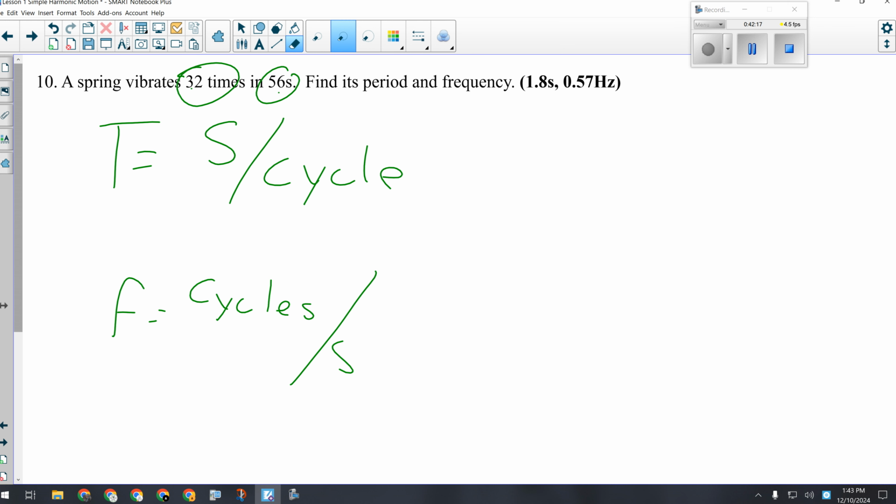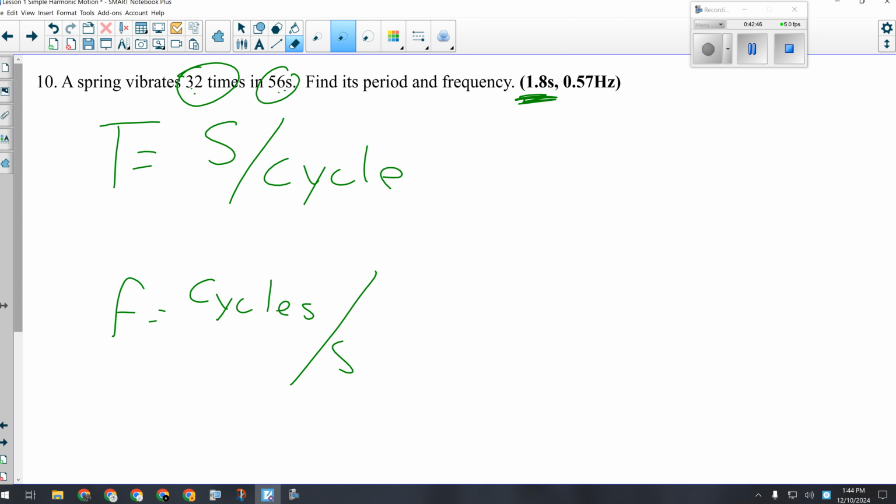So I'll get seconds per cycle, 1.8 seconds. If I want to know how many cycles per second, then I'll go 32 divided by 56, or go 1 over that number. Either way will work. All it's doing is reminding you that period is the seconds per cycle and frequency is the cycles per second. That's really all that one is checking. It's not something we've done a lot of, so it's valuable to have that.